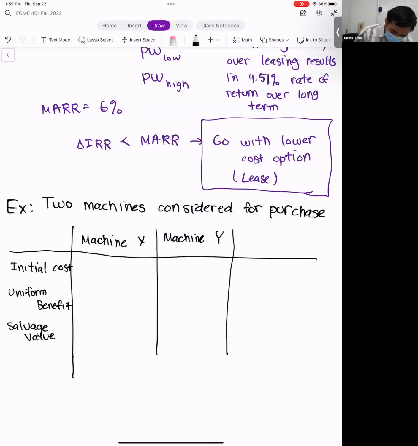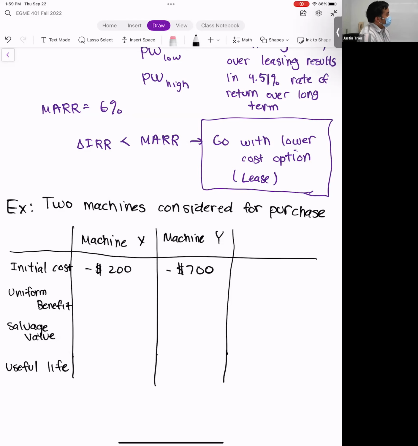Okay. Both options are going to have a salvage value. Okay. And finally, we'll consider the useful life of both machines.